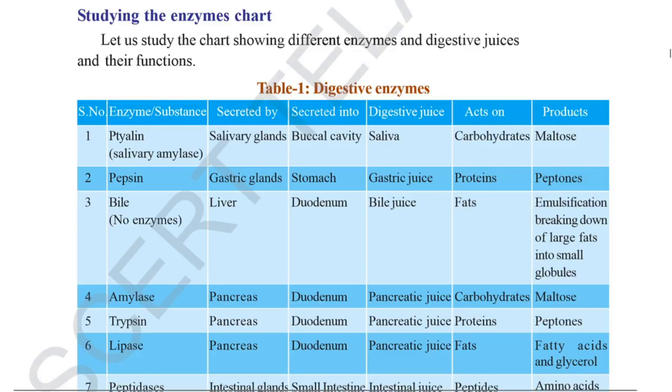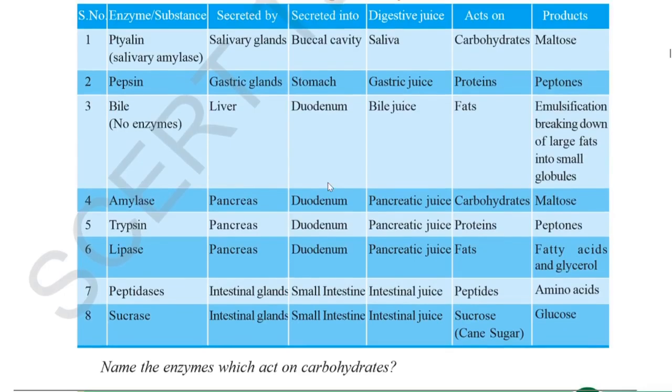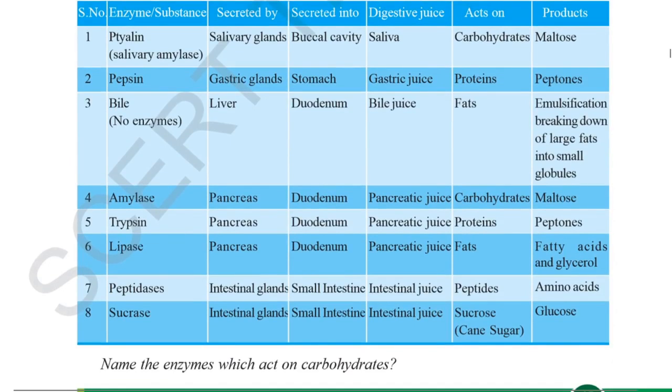Gastric juice is produced inside the stomach only. The duodenum is the proximal part of the small intestine, and the enzymes from the liver and pancreas are secreted into the duodenum. Then these last two act in the small intestine.